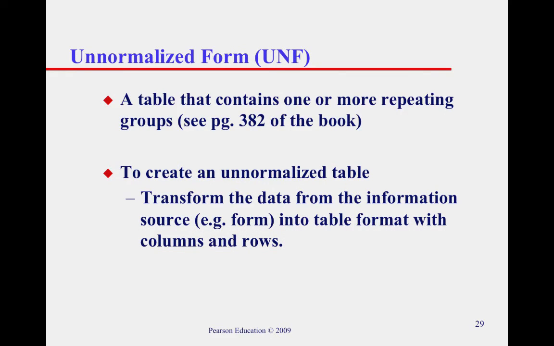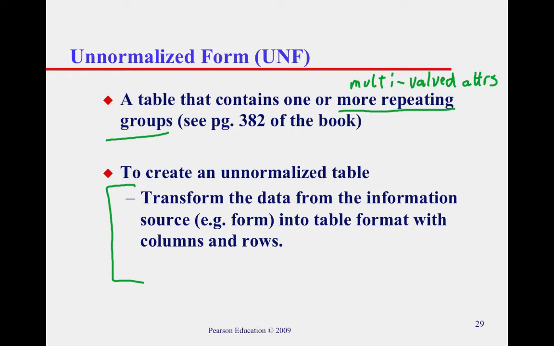Okay, so you start with unnormalized form, and the book unhelpfully talks about repeating groups. Multi-valued attributes is what they mean when they talk about repeating groups. If you're doing it bottom up and you're not using ER diagrams, you basically are taking forms and converting them into relations.